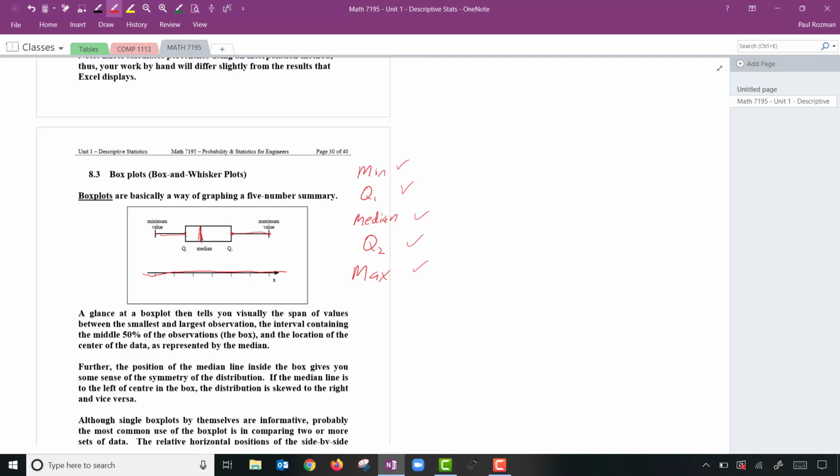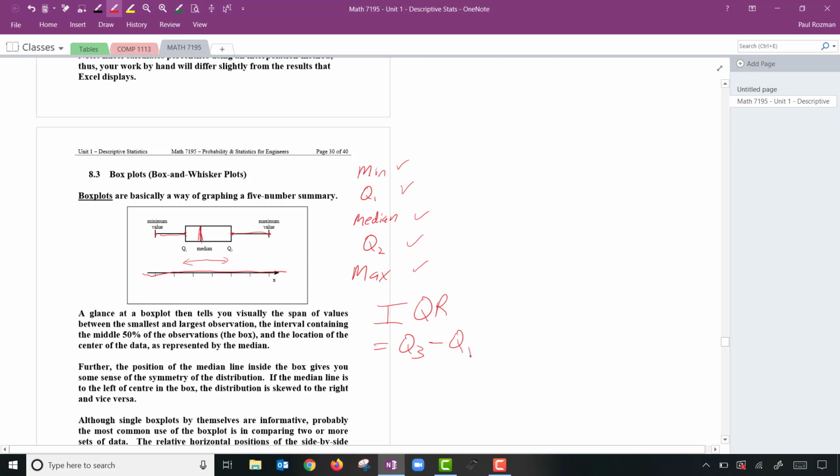The next thing, maybe the most important thing, is you can see how wide the box is, like this distance from Q1 to Q3. We even give that a name. It's called the interquartile range, IQR. It's Q3 minus Q1, the width of that box.